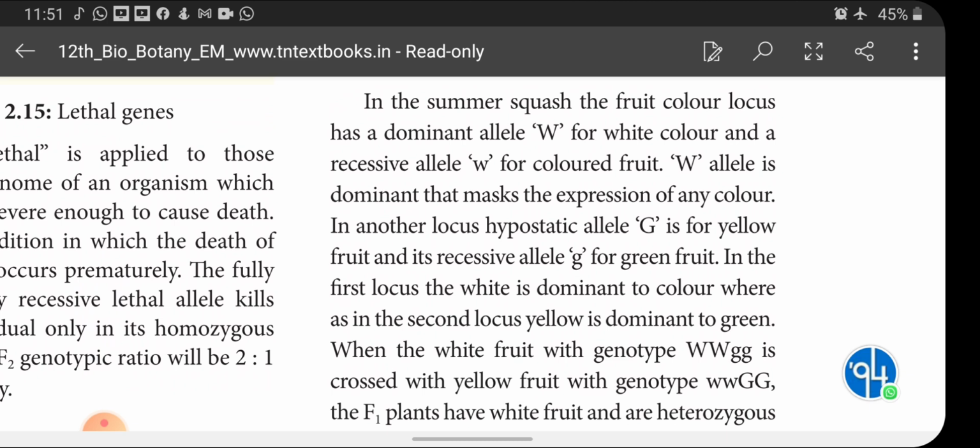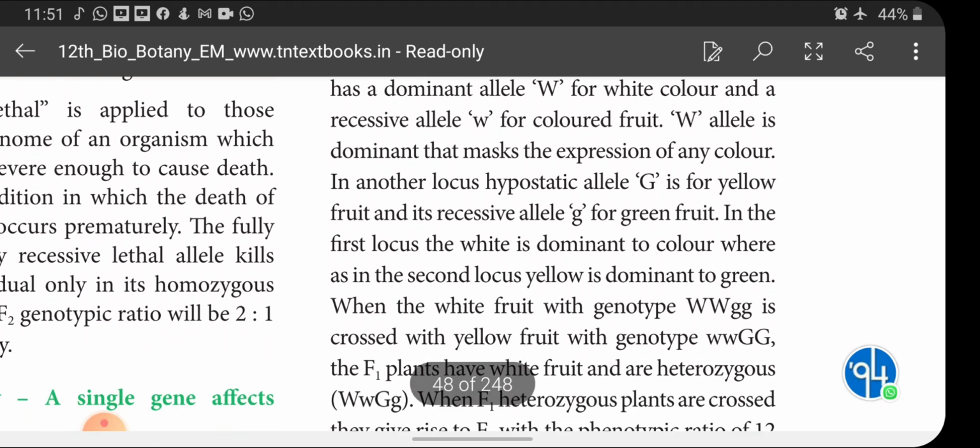In another locus, the hypostatic allele capital G is for yellow fruit, and its recessive allele small g is for green fruit. In the first locus, white is dominant to color, whereas in the second locus, yellow is dominant to green.